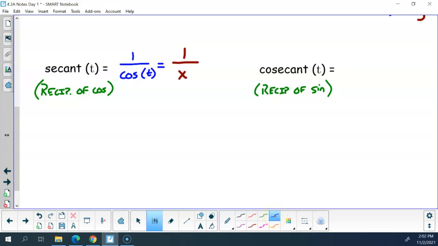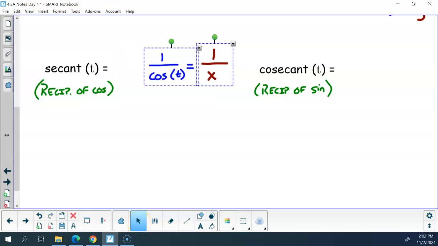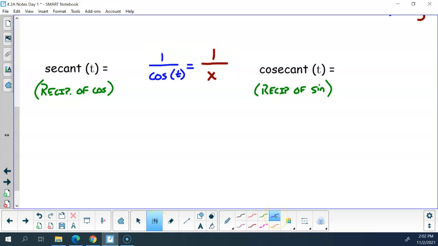Oops, I forgot. I forgot to give you what the abbreviation was of this one. SEC. SEC for secant.